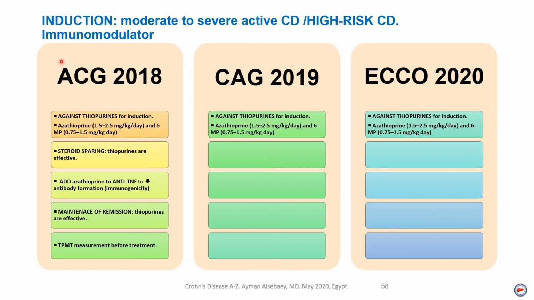In the past, before the era of biological therapy, they used immunomodulators for induction, but nowadays avoid, never give immunomodulators like azathioprine for induction, okay, except in poor countries, of course.